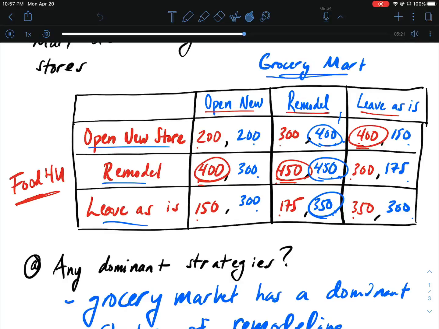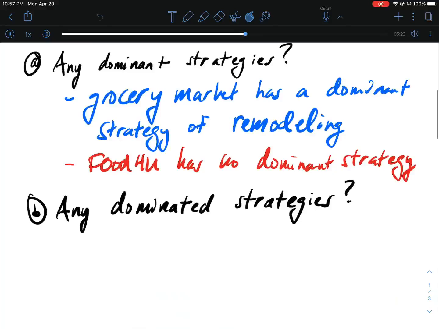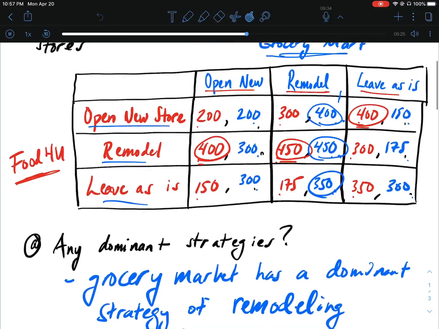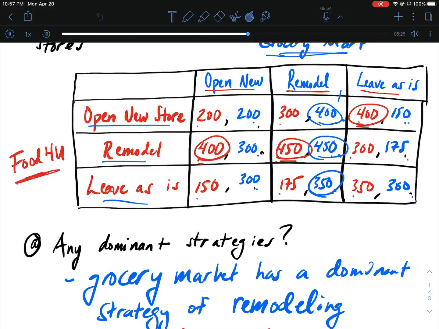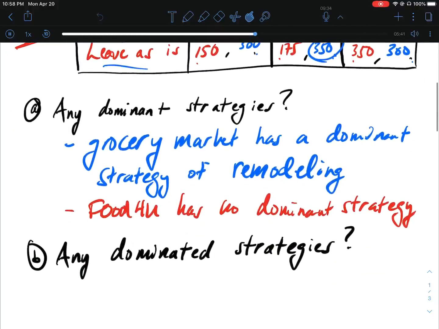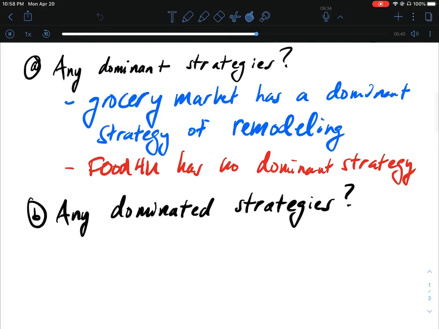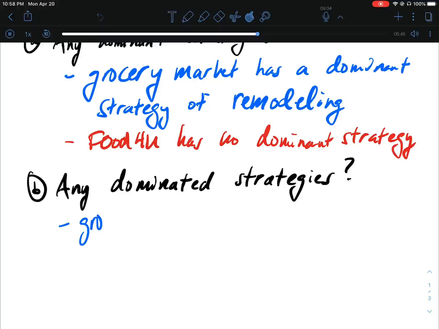So, open new store and leave as is for Grocery Mart are dominated strategies. There's always a better option, and that option in this case is always to remodel. Food for You, meanwhile, sometimes chooses to open a new store and sometimes chooses to remodel, but never chooses to leave as is. And so, leave as is for Food for You is a dominated strategy.